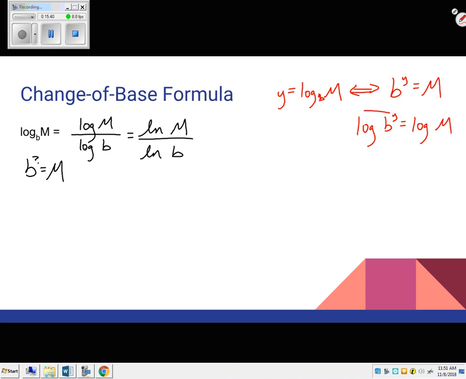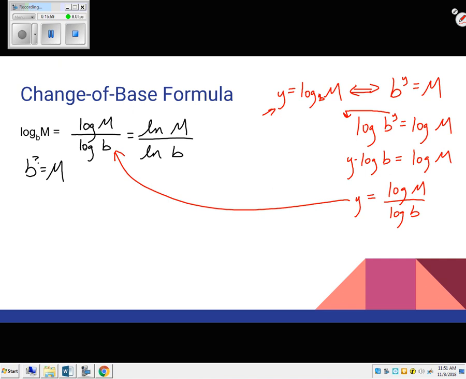Using my power property, my goal is to get my hands on this y. I want to know what y is equal to. So I'm trying to solve this for y. I can drop this y down in front of the logarithm and then just divide both sides by log of b. And sure enough, I wish I could have told that older gentleman that is why that happens. If I would have thought of it at the time, I definitely would have. All we need to know is the formula for this.